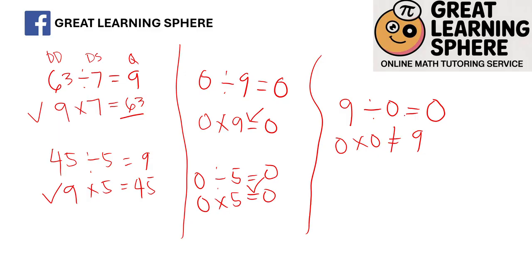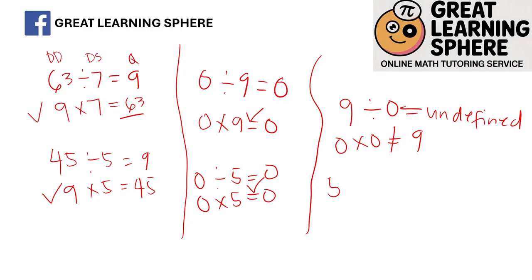So that's why any non-zero number divided by 0 is not equal to 0, but instead, it is undefined.